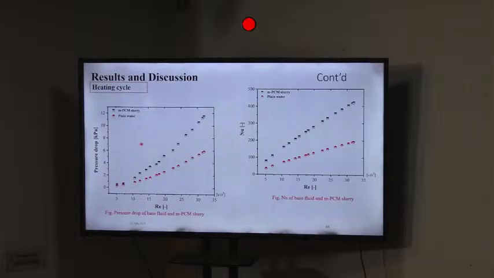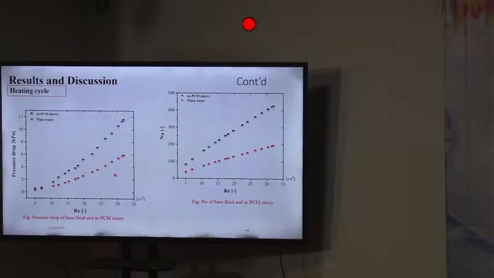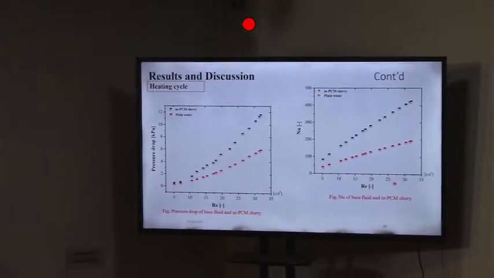There also we are using slurry and there is a pressure drop, but we had an advantage from the high heat capacity of the microencapsulated phase change material. More heat is absorbed, which gives an advantage at the cost of whatever the pressure drop is through the system.